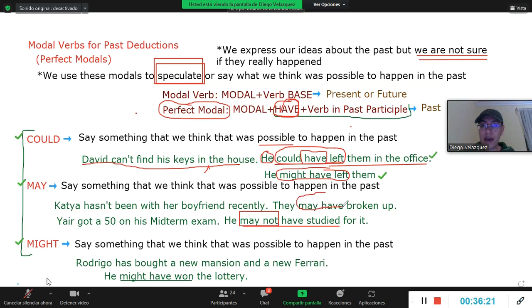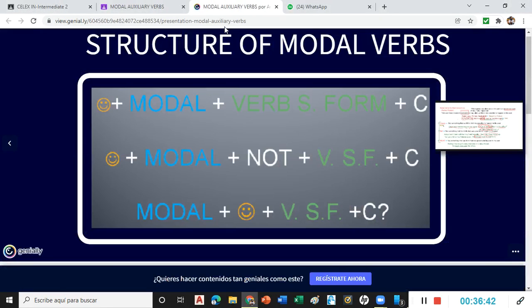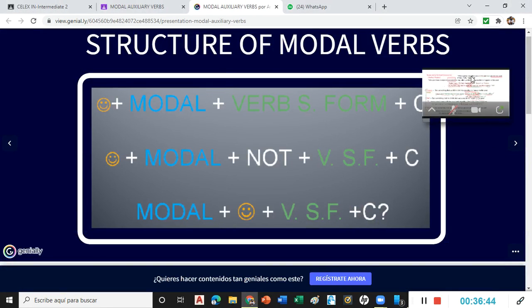So any problems that you have with this? Yes, teacher. Which is the most common modal verb? Could, may, or might? Depends. Normally, in this case, the most common to be used in real life English, guys, tend to be maybe the modal could.